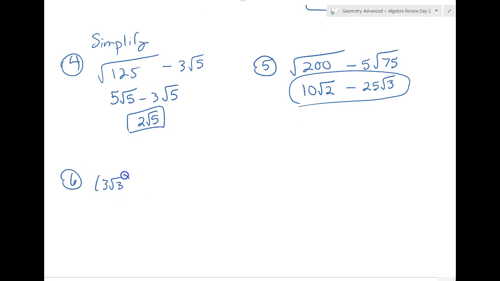3 times the square root of 3 times 4 root 5. I'm multiplying two radicals together. How do I do it? Anyone remember?